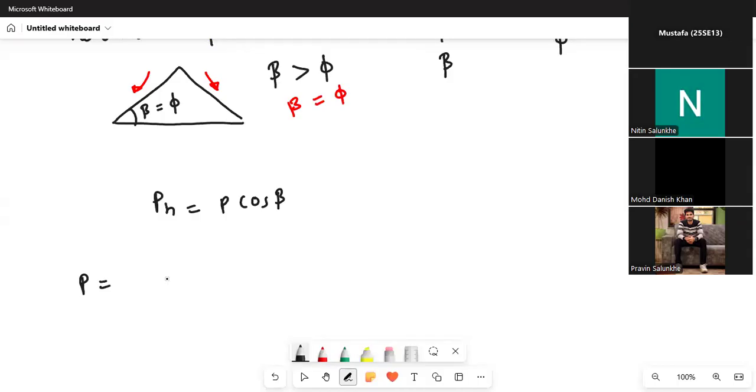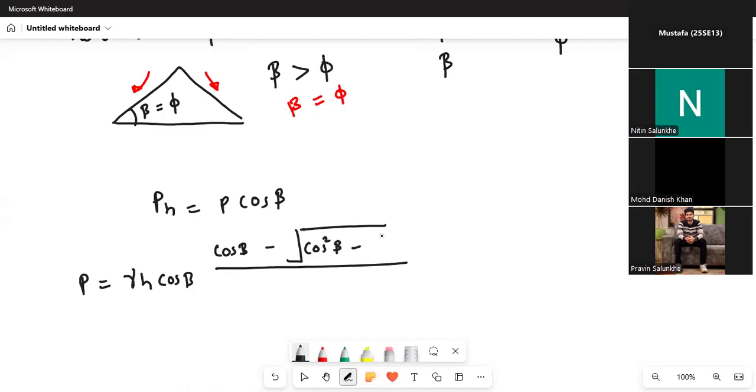I will write it again because we need to modify that: P equal to gamma h cos beta divided by cos beta minus under root cos square beta minus cos square phi, divided by cos beta plus under root cos square beta minus cos square phi.